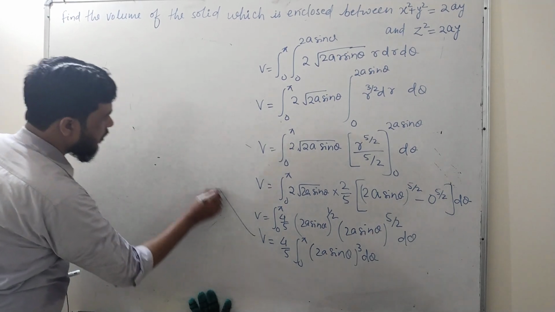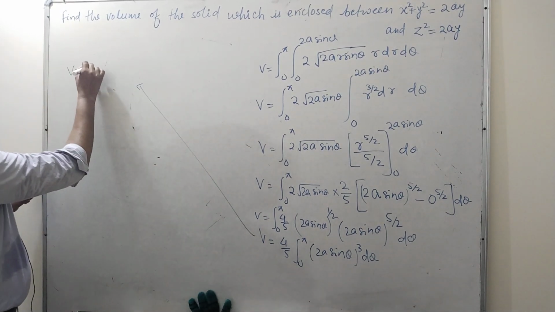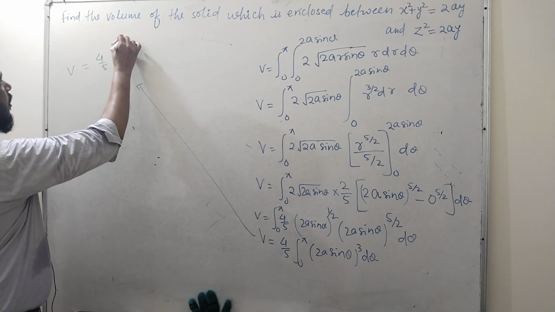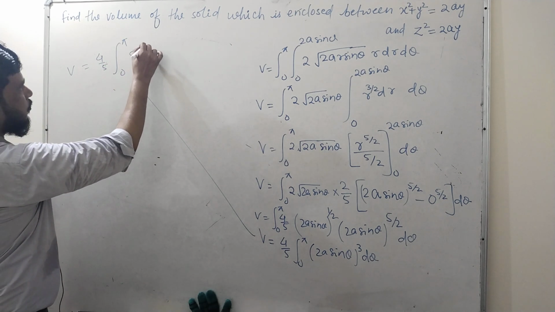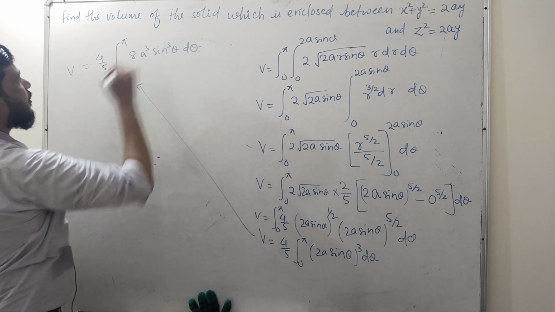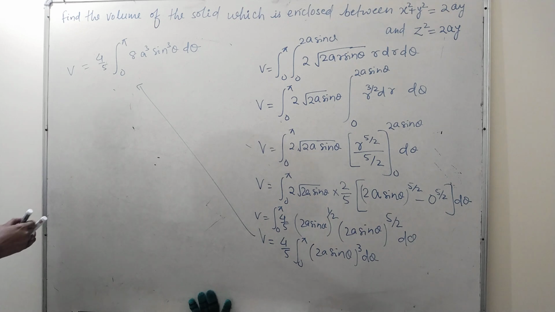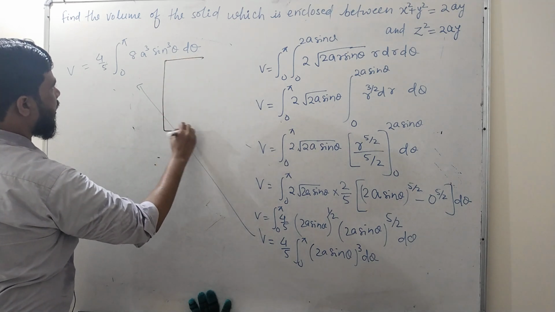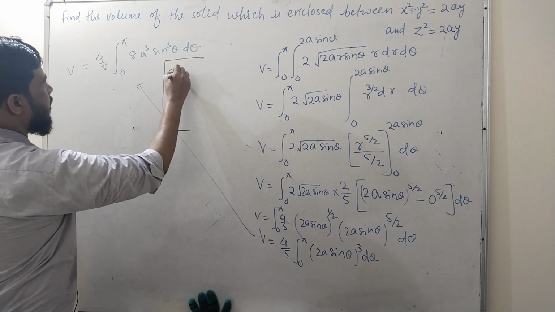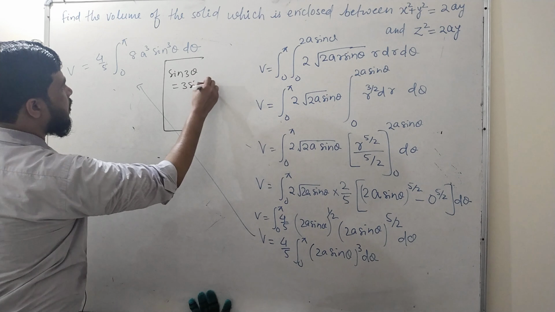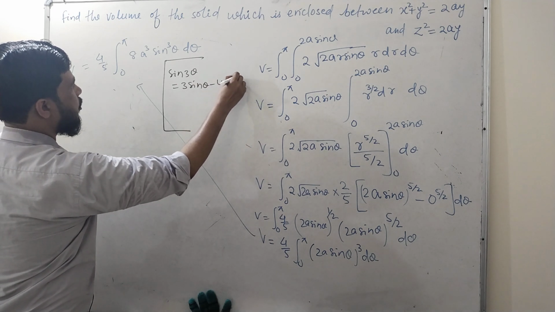Now see, V = (4/5) ∫ from 0 to π of 8a³ sin³θ dθ. Now we have to use a trigonometric identity: sin 3θ = 3 sin θ − 4 sin³θ.